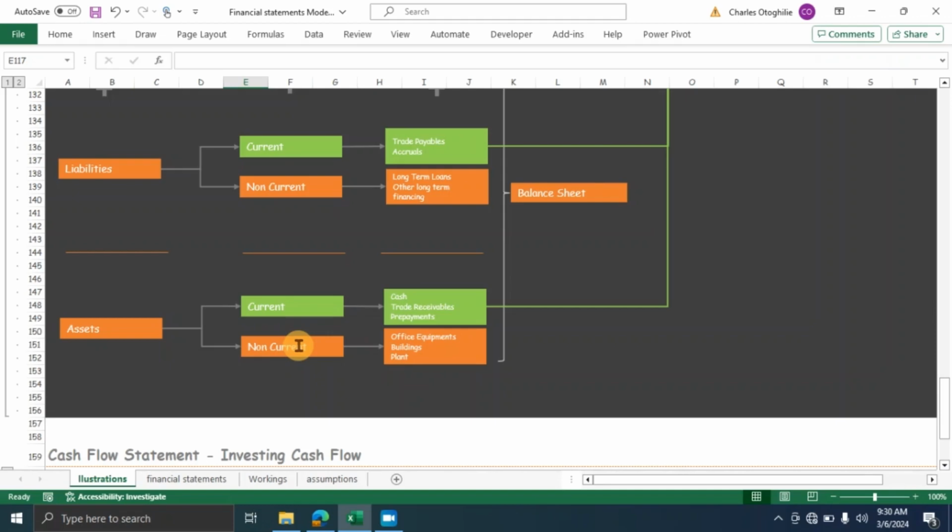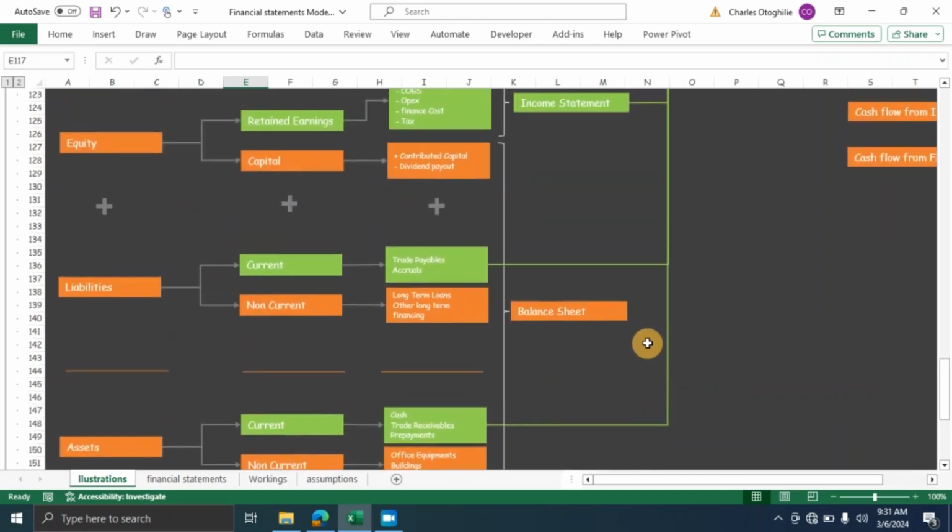Just imagine that a trade creditor gives me raw materials of maybe $50, and I've transformed these raw materials and I'm selling them for maybe $80. So $50, $80, I have been able to make $30. It simply means that I have assets waiting to be collected that I have provided services for, so I need to record it in my cash flow from operations, as cash.